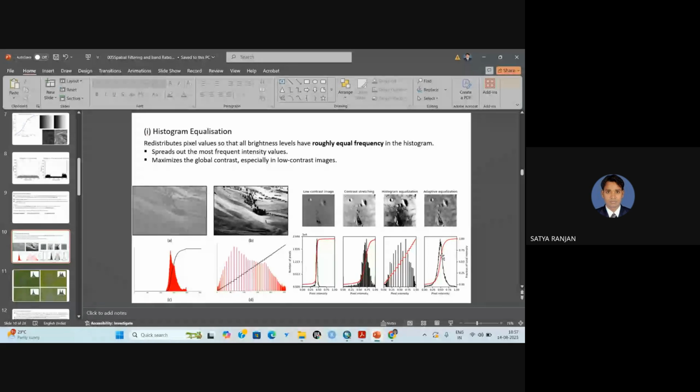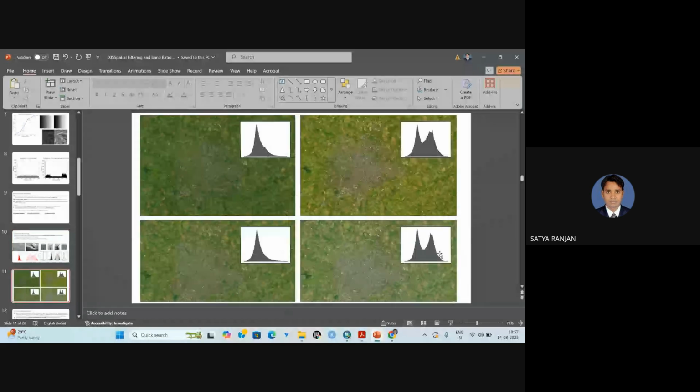It spreads out the most frequent intensity values, and it maximizes the global contrast, especially in low contrast images. So here is one example: picture A is very low contrast, then after histogram equalization the image is clearly visible.